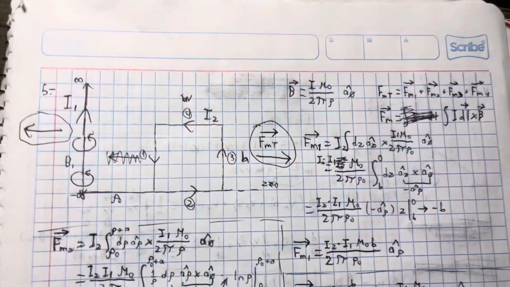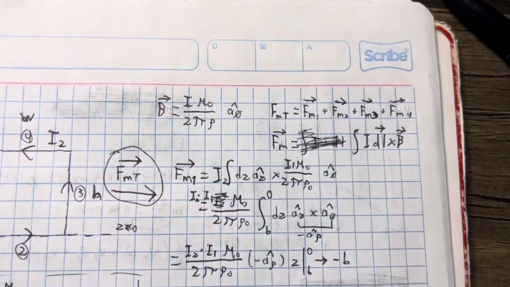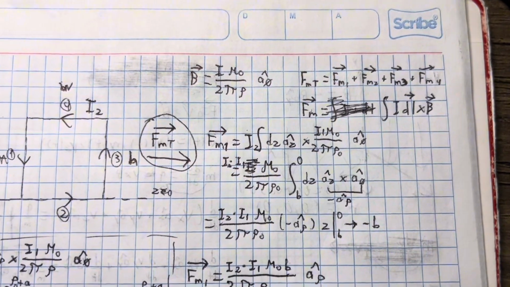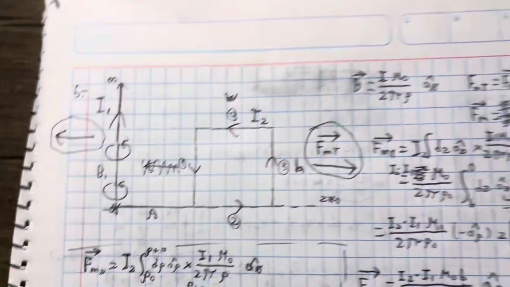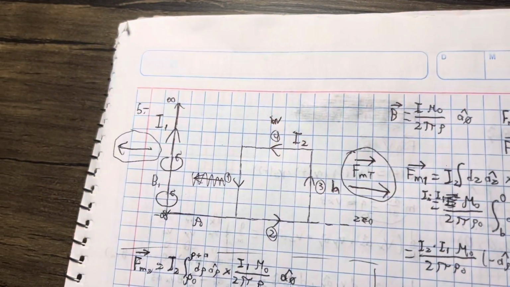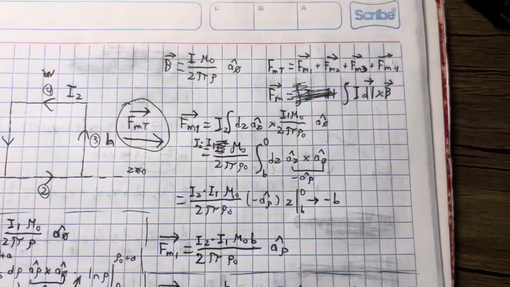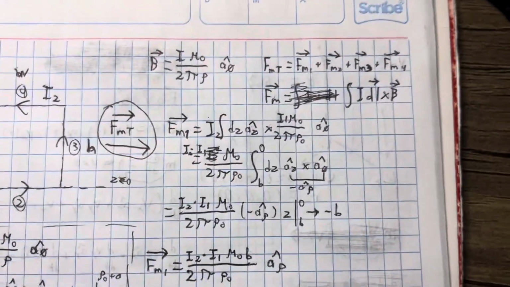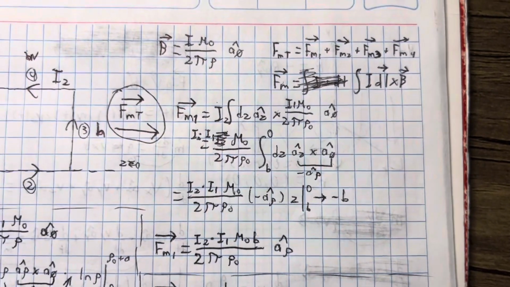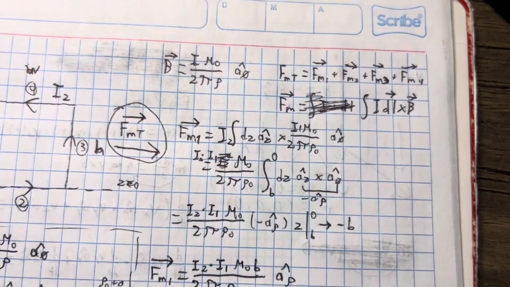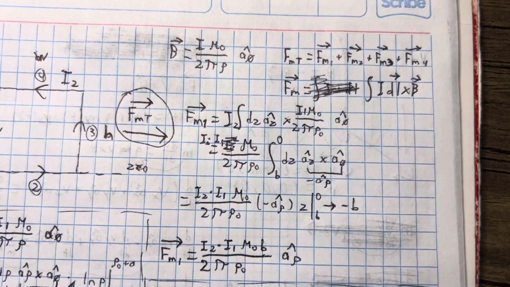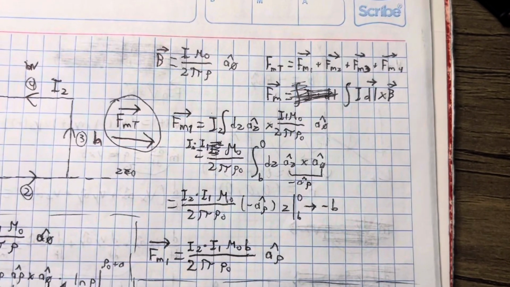First, for the force at segment 1, that is going from H to 0, we have to perform the integral. We can get the constants out and perform the integral knowing that the differential of line is in the z-axis.